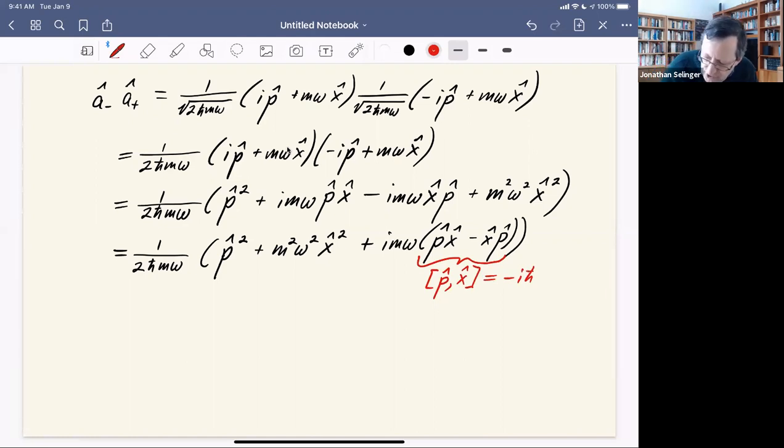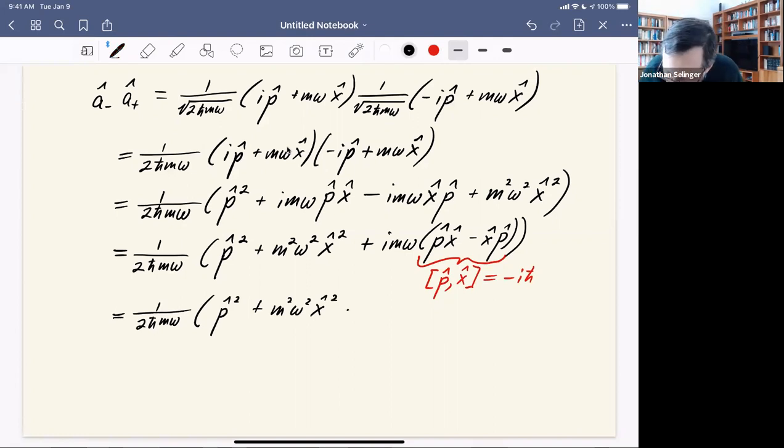So then we can do a little bit more simplification. We can say this is 1 over 2 h bar m omega times p squared plus m squared omega squared x squared.